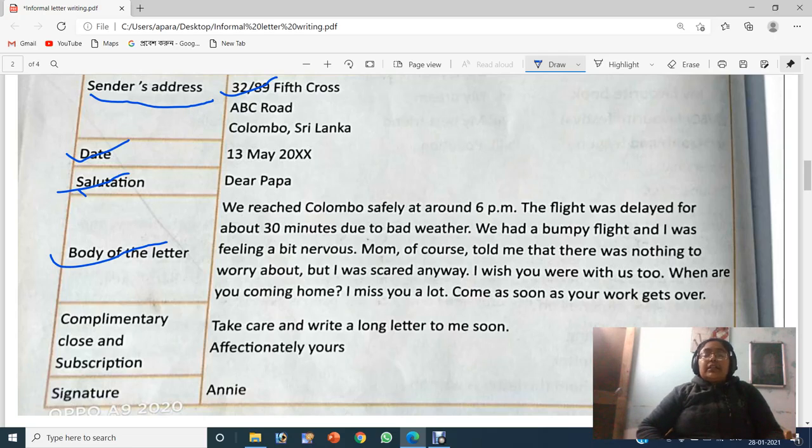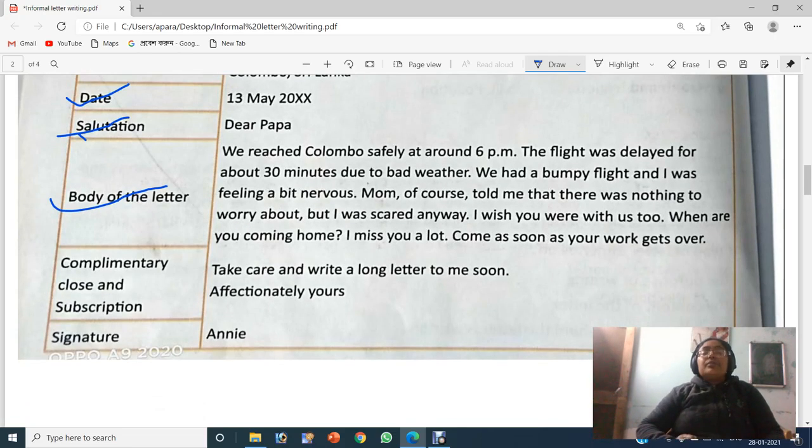Now just see here, the person who is writing the letter to her father has written, "We reached Colombo safely at around 6 p.m. The flight was delayed for about 30 minutes due to bad weather. We had a bumpy flight and I was feeling a bit nervous.